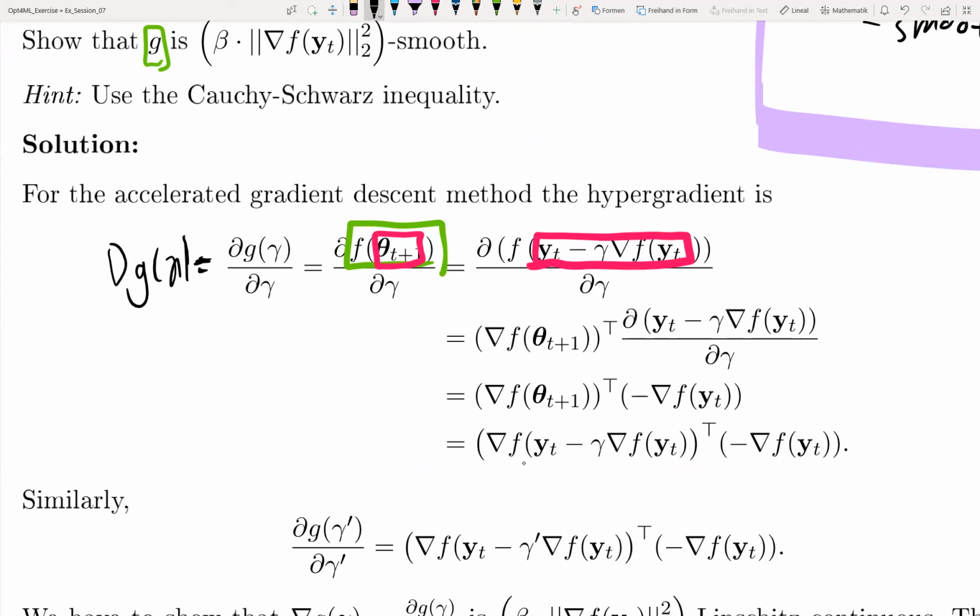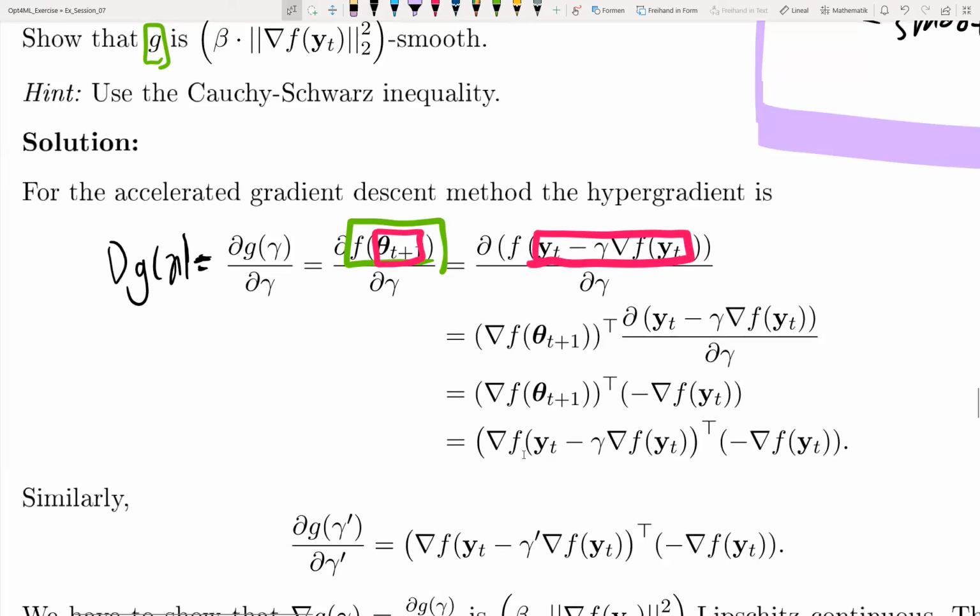The inner function is what we see here in red, which is nothing else than theta t plus 1. And we have to multiply it with the derivative of the inner function, the partial derivative of the inner function with respect to gamma. The derivative of the inner function is quite easy to compute, because it's a linear function where what remains is only the gradient, or minus the gradient, evaluated at y t. This is what you see here.